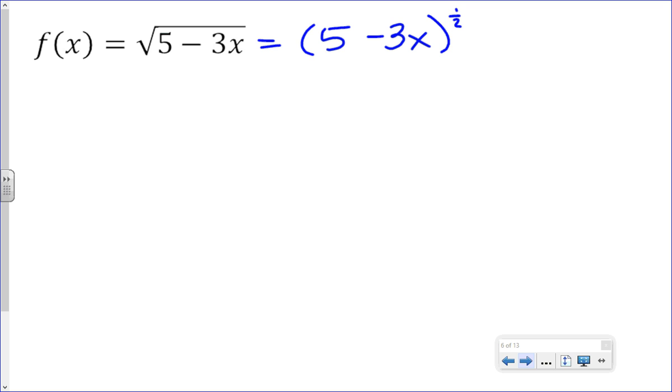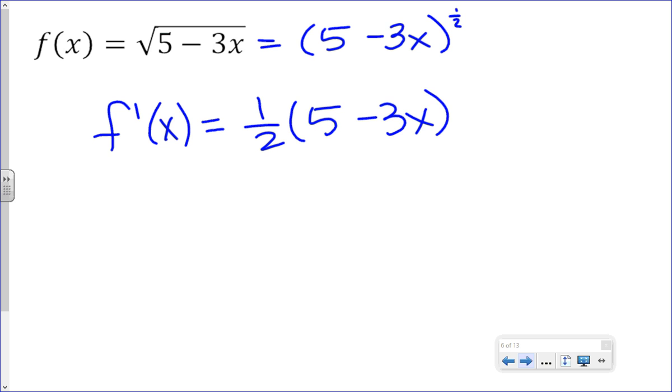Okay, so you can see that we have a linear function inside of our square root function. So the first thing we have to do, our outermost function is something raised to the 1/2 power, right? So our derivative, we're going to use the power rule. How do you do the power rule? What do we do with the 1/2? Bring it out in front.